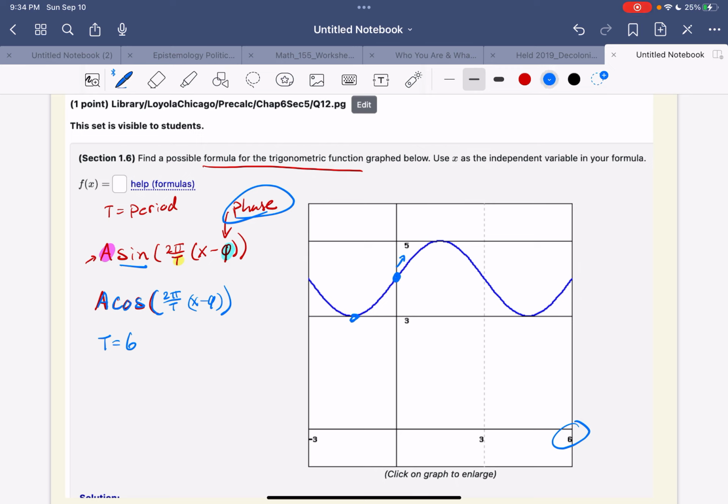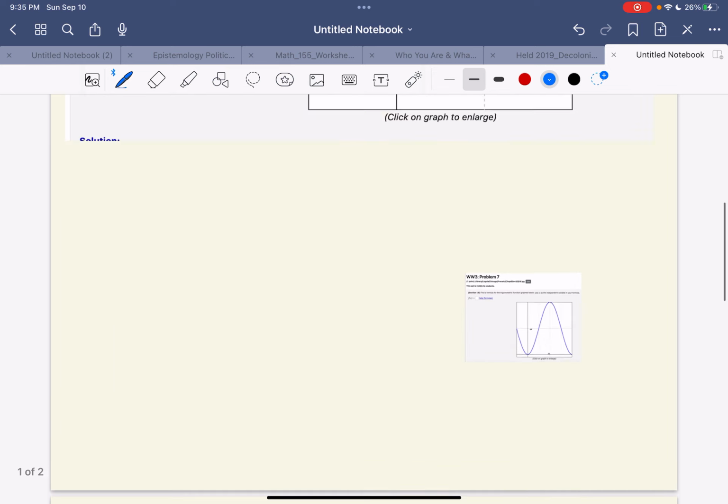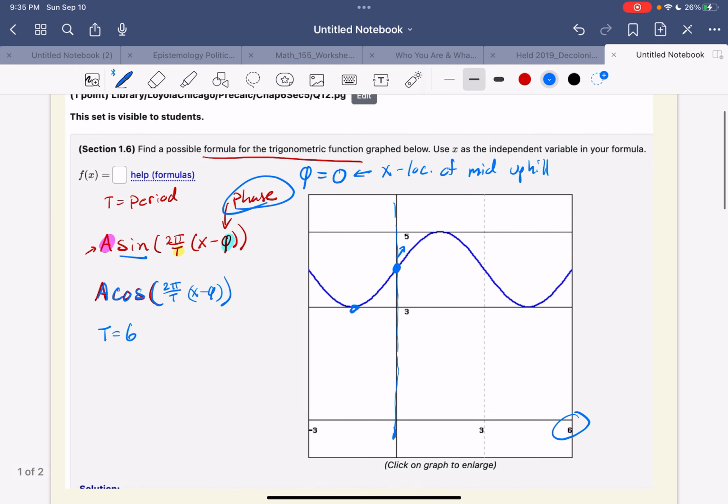So you could just think of phi as being the location of where that happens, and this is at 0, so it's going to be the x location of sort of the mid uphill. Okay. I'm lying a bit, but we will handle something a little different in the next problem. So, okay, that's fine.